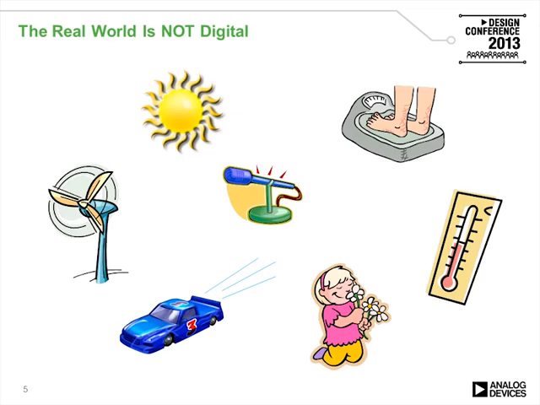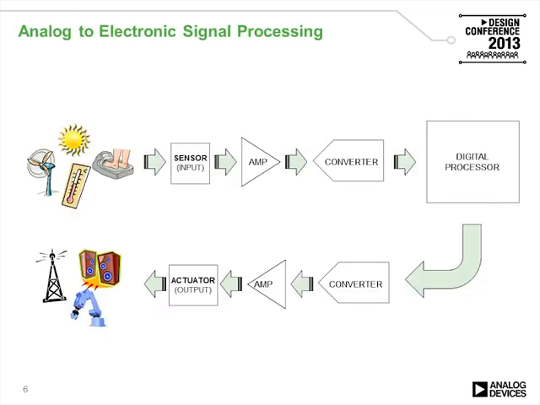Our real world is not digital, and in fact it's not even electronic. Everything that we're interested in, such as heat, airflow, sound, all of those things are physical variables that are not usable in their form unless we figure out a way to sense them.